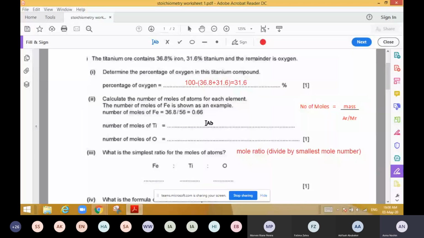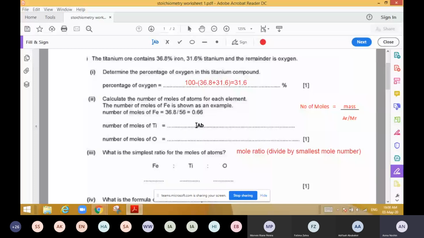Now for iron, the number of moles are calculated. What will be the number of moles for titanium over here? We will calculate. First of all, see what is the mass of titanium from the periodic table. What is the mass for it? 48.